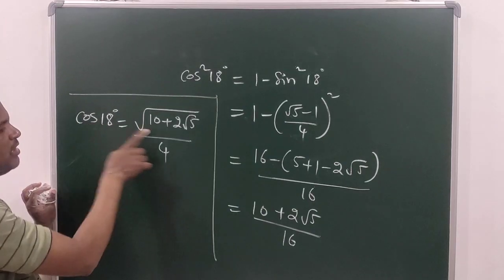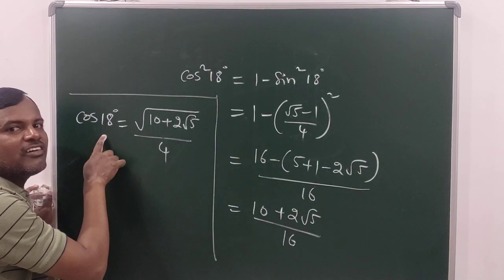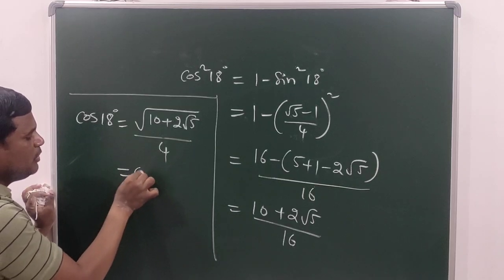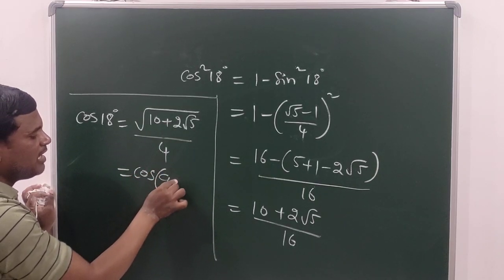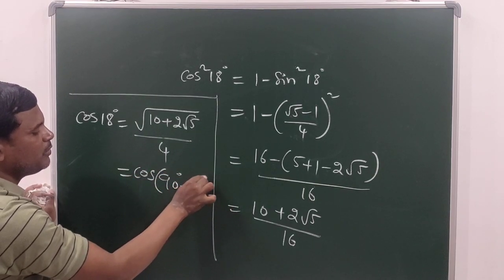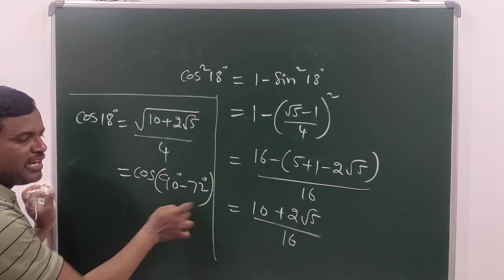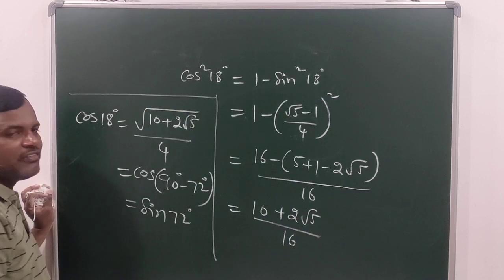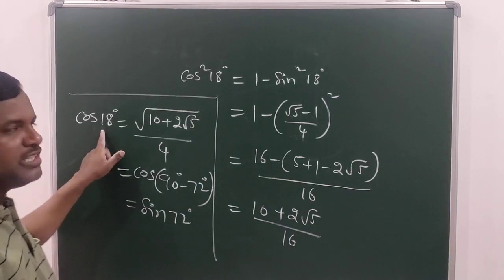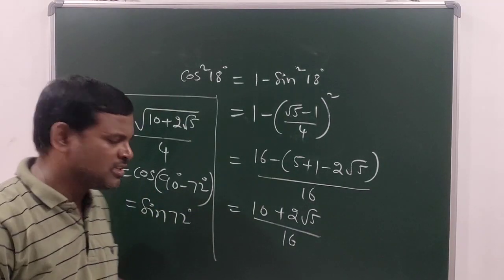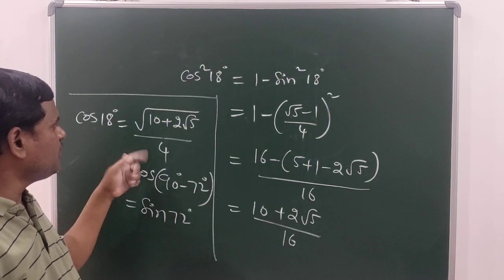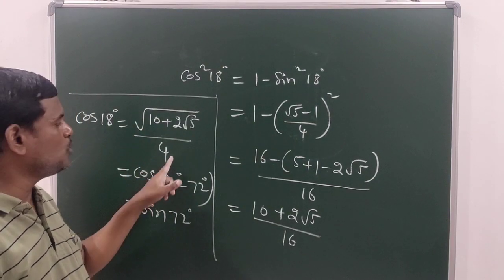Now you know what is this, the value of cos 18 degrees. So this cos 18 degrees, you can write as cos of 90 degrees minus 72. So cos 90 minus theta is sin 72 degrees. Cos 18 degrees is equal to how much? Sin 72 degrees. How much is that value? Square root of 10 plus 2 root 5 by 4.